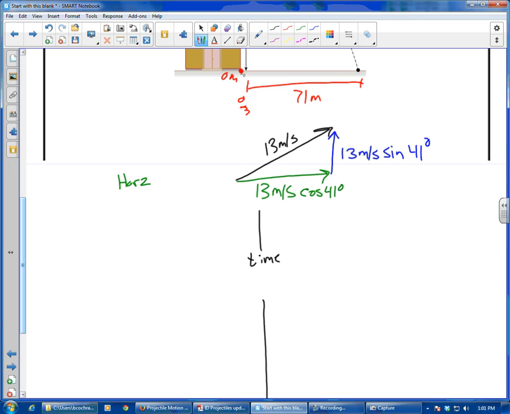I know my velocity is 13 meters per second, cosine 41 degrees. My acceleration is 0 meters per second squared. D naught is 0 meters. D is 71 meters.